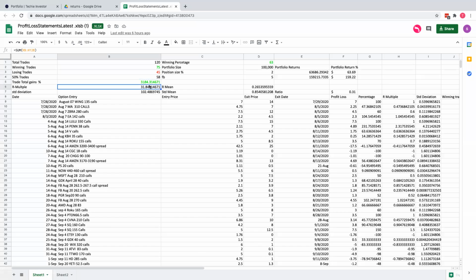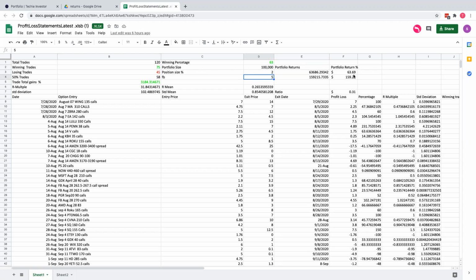Now this is what is trade multiple. Let me show you. In our case, we have a position sizing, which is 2% and 5%. Remember I was talking to you, if your portfolio is 100,000 and the position size is 2% or 5%, the returns will be different.